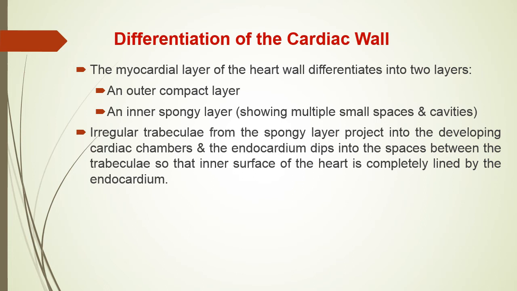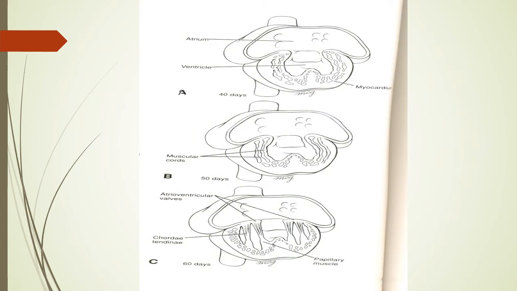To be precise, the endothelium and the underlying thin subendocardial layer together are known as endocardium. In this diagram, you can see spaces appearing in the inner layer of the myocardium. The outer layer remains compact.